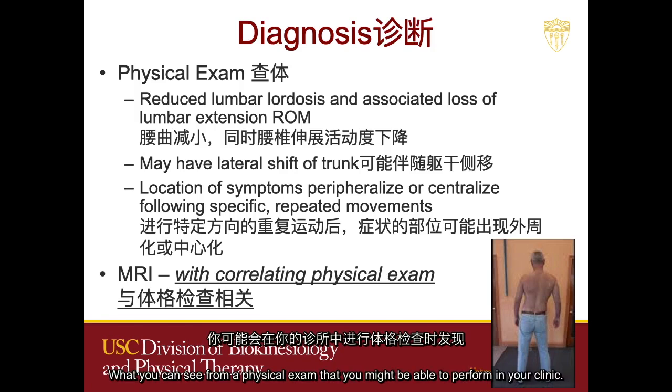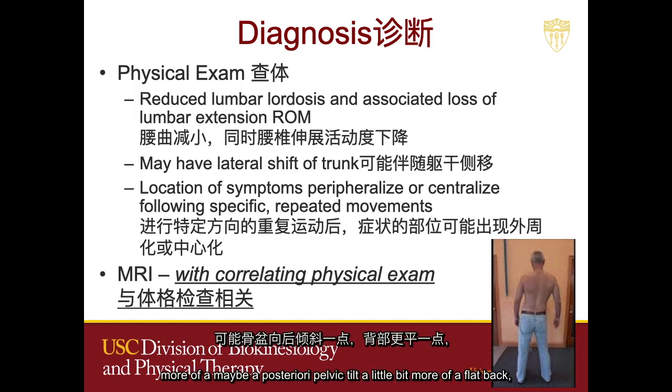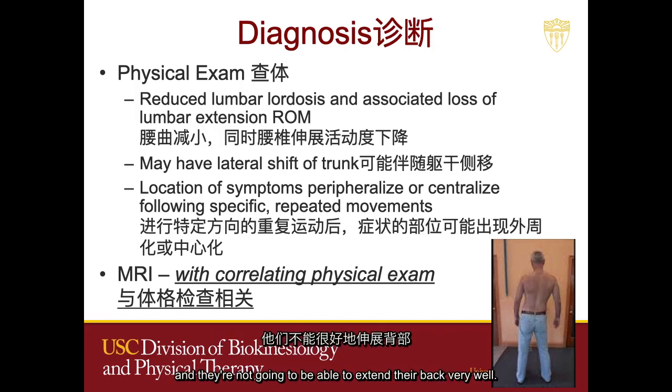What you can see from a physical exam that you might be able to perform in your clinic is that these patients often demonstrate decreased lumbar lordosis. So they're going to be in maybe a posterior pelvic tilt, a little bit more of a flat back, and they're not going to be able to extend their back very well.